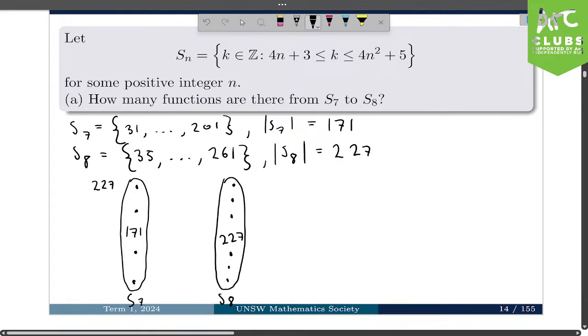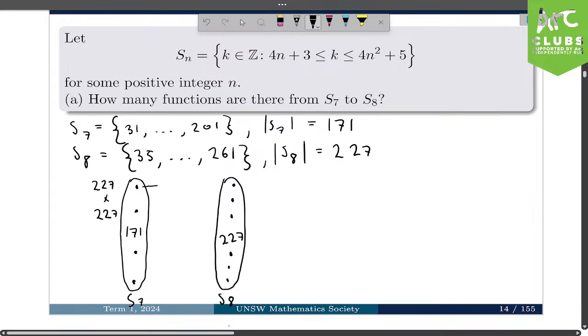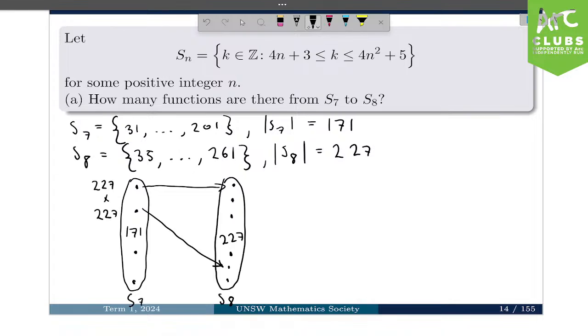And we ask the same of the second one, right? There are no restrictions. They can map to the same element. So there's 227 options for the second element as well. It can map to 227 different outputs here. And the same goes for all elements in this domain, right?